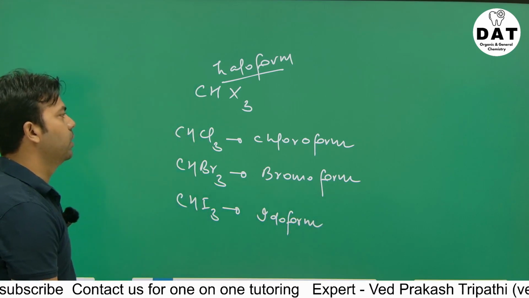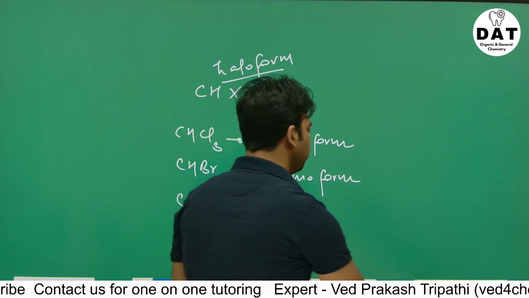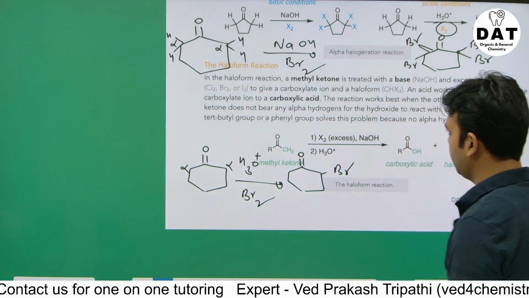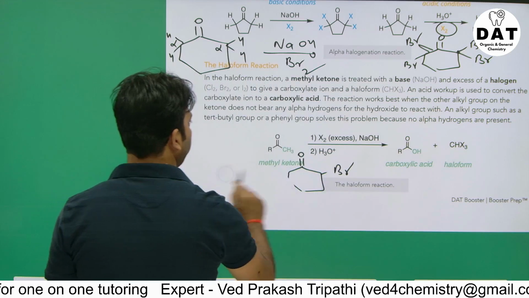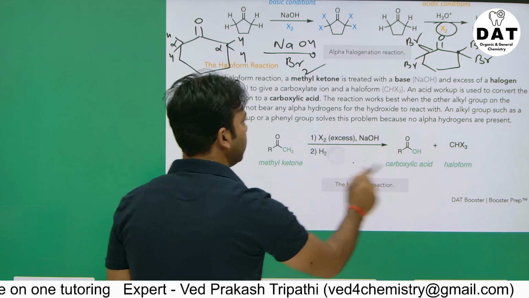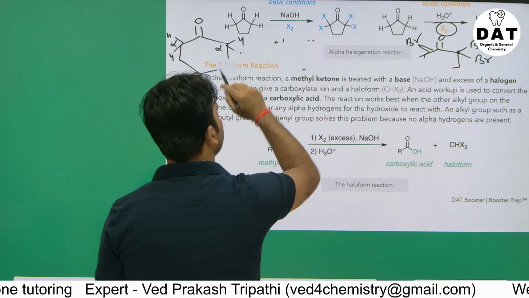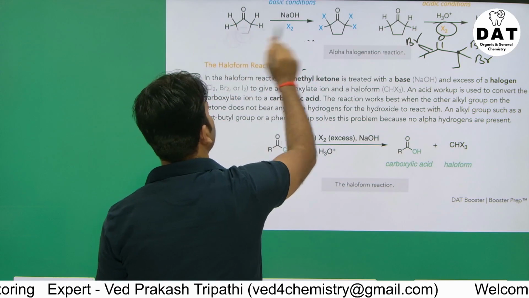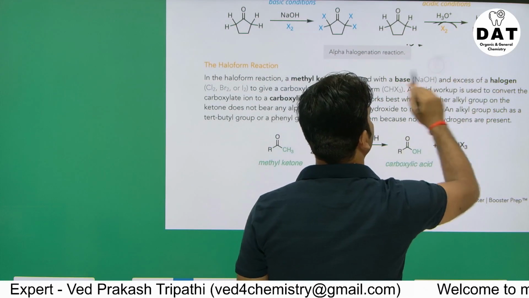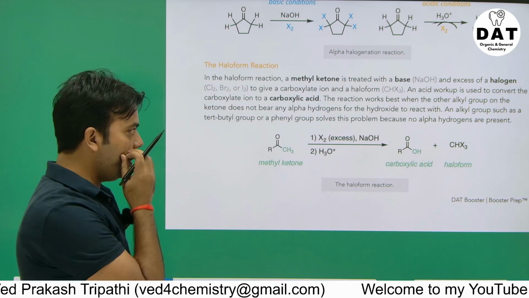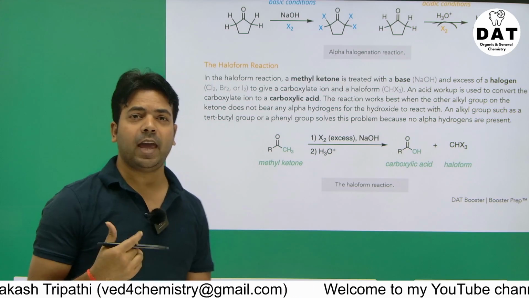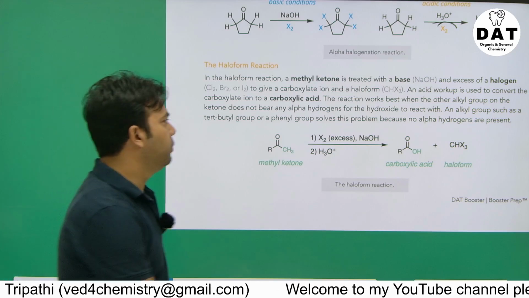Okay. So in the haloform reaction, what is my reagent? The reagent is X2, excess NaOH, with hydrolysis.